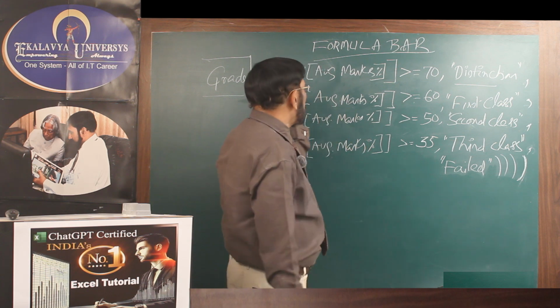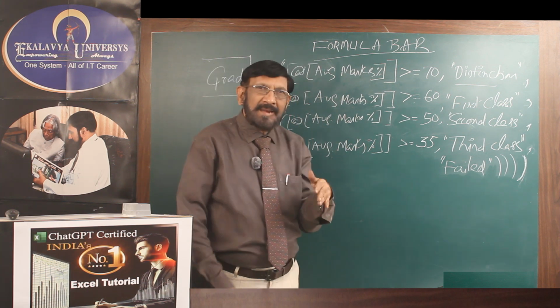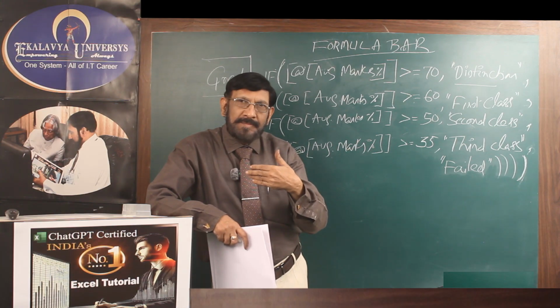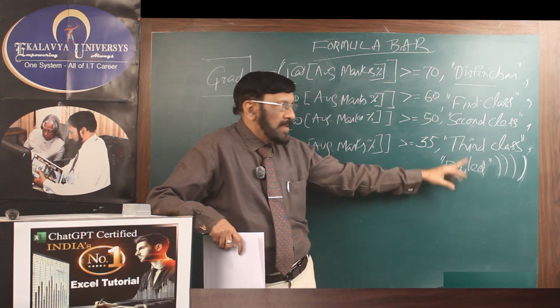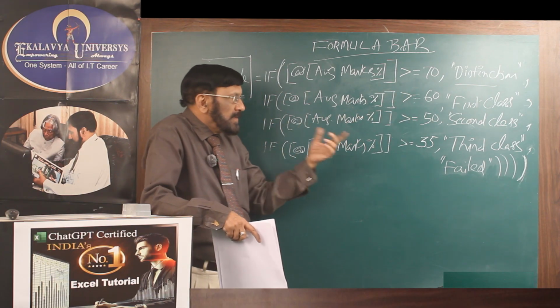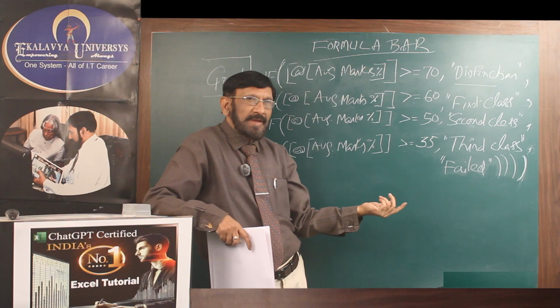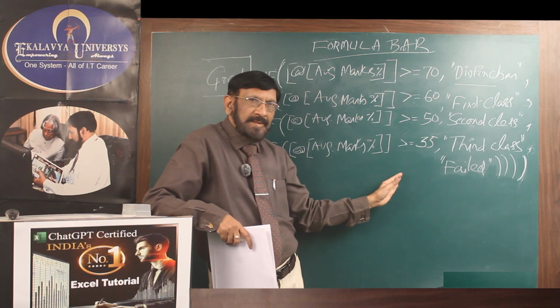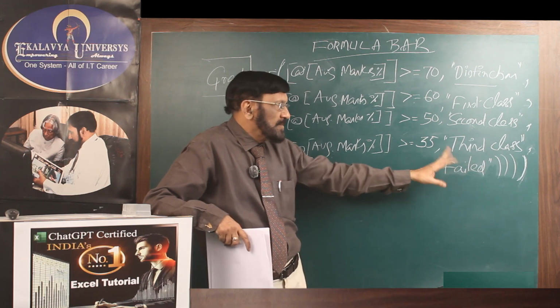Else, here all these are IFs. Else, no shop is open, come back home, then pay. For all of them, a clause is there. What is the clause for fail? If less than 35. Now we see less than 35 is not covered. Automatically it comes here, invisibly it comes, then fail.